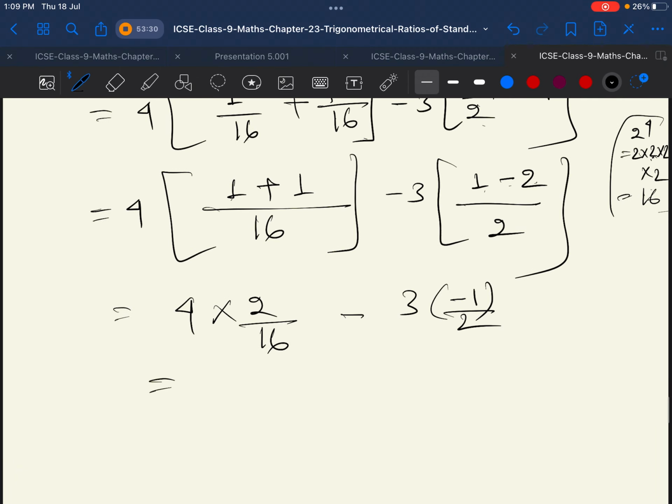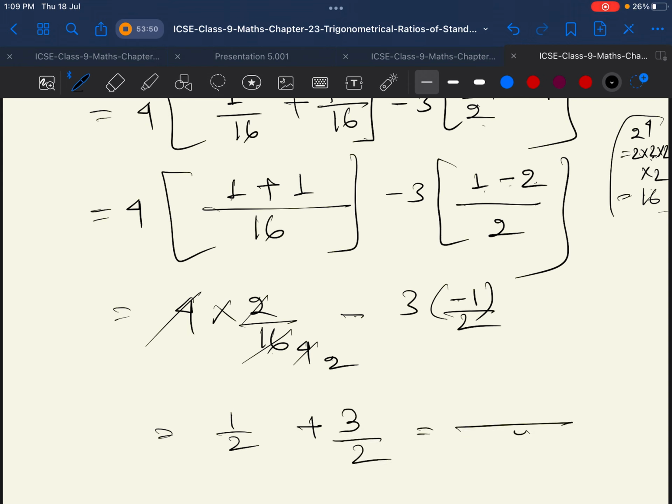So 2 by 16 is 1 by 8, and minus minus is plus, so plus 3 by 2.